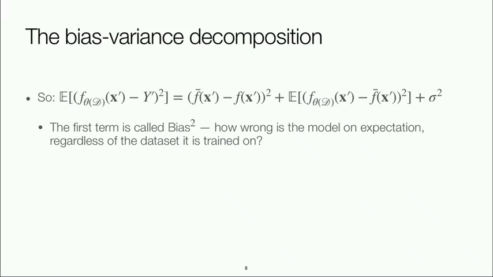It basically means if you're trying to estimate some quantity, how different is the estimate in expectation from the actual underlying quantity. So that's what bias means in statistics. Here, bias is being applied to understanding generalization error for regression models. This bias is trying to tell us exactly what statistical bias usually tells us, which is how wrong is my model on expectation, regardless of the data set that it's trained on.